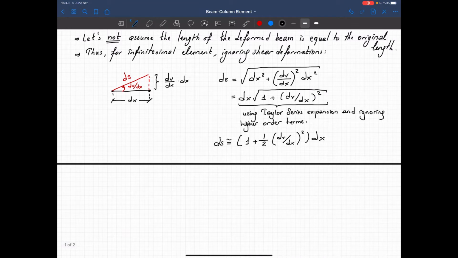Now let's continue. I need a strain definition. So I'm ignoring small deformations.